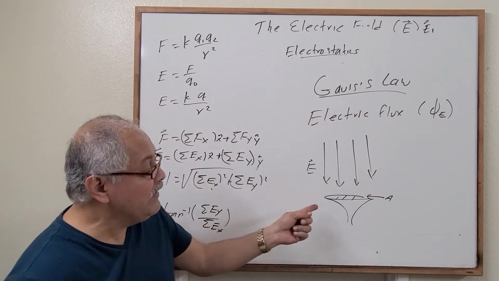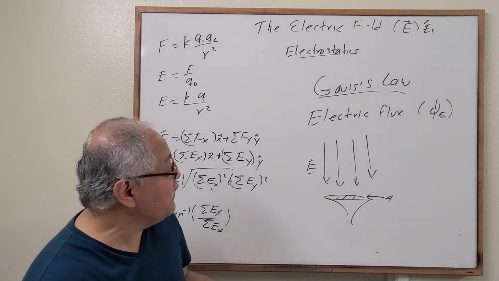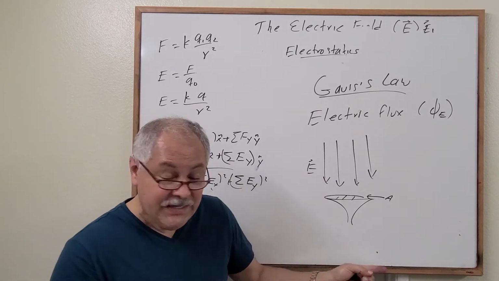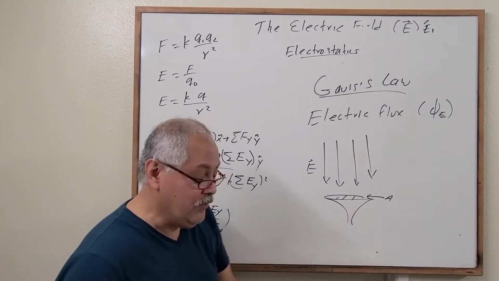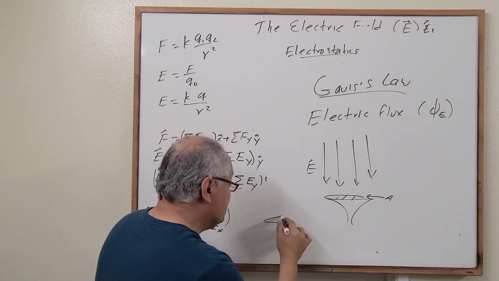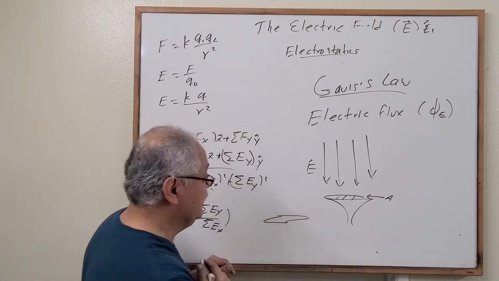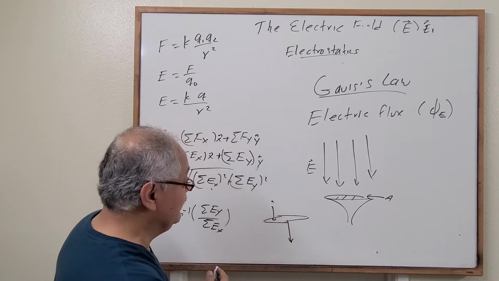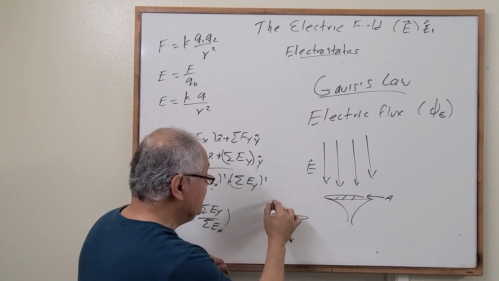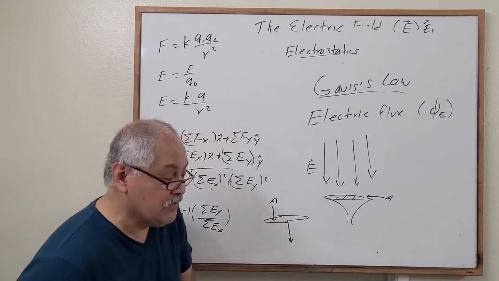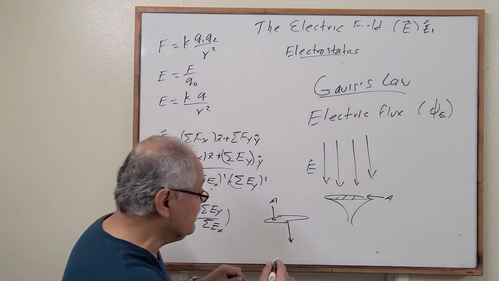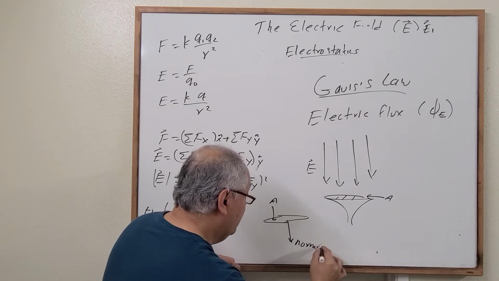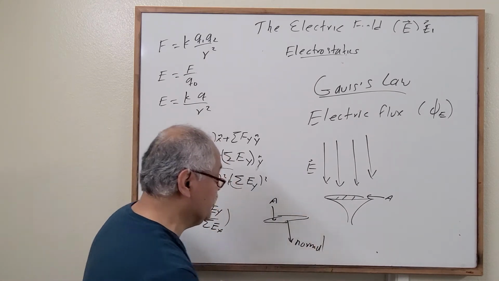Look, when we have an area and a vector right here, we take this area as a vector in this way. This is the surface, imagine. This is the area, and this is the direction. This is the magnitude of the area, and that's the direction, which is in the normal direction.